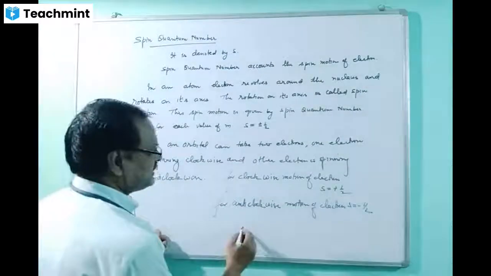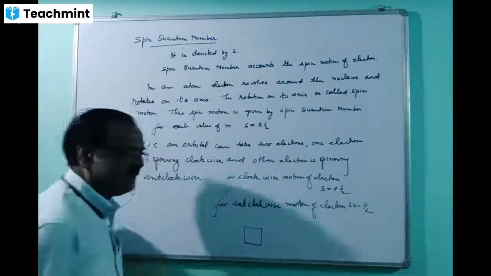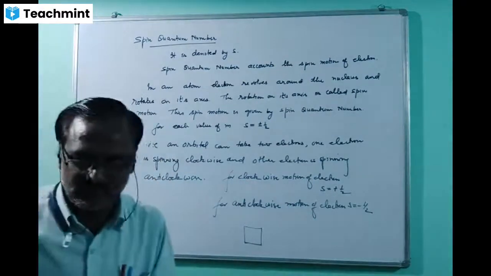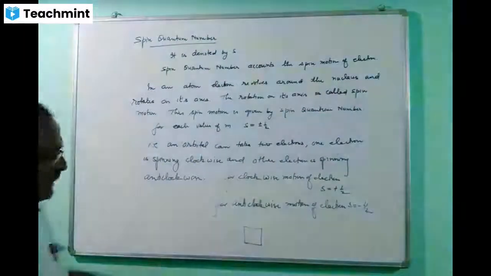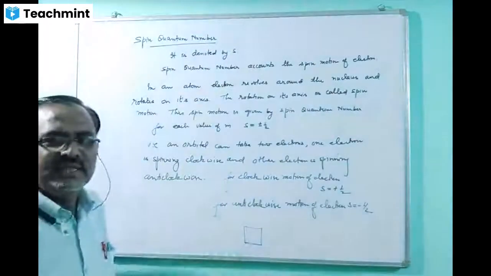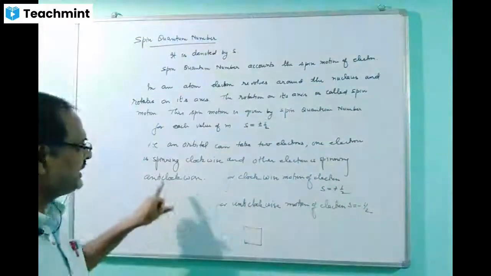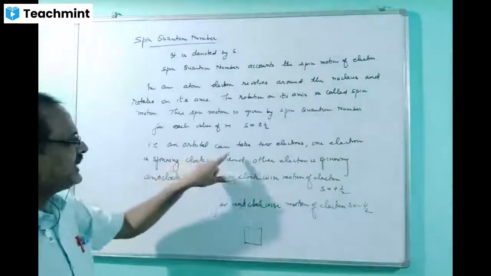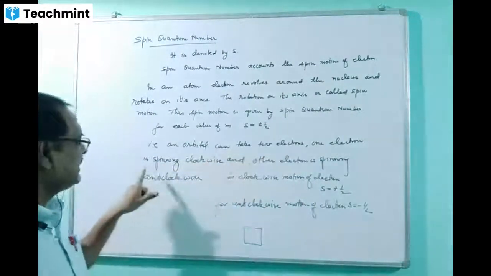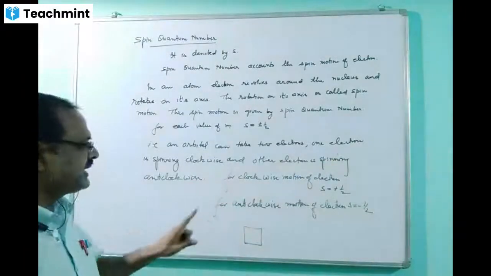It means, just you see, we are making one box. One box means one orbital. In this orbital, 2 electrons can be filled. So I have written here that an orbital can take 2 electrons. One electron is spinning clockwise, another electron is spinning anti-clockwise.